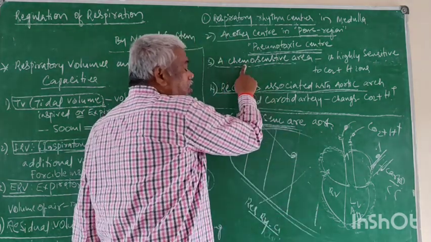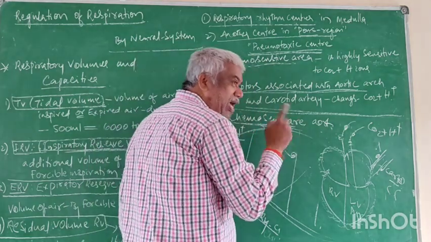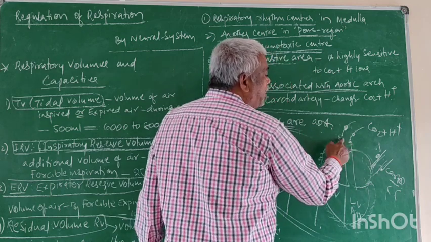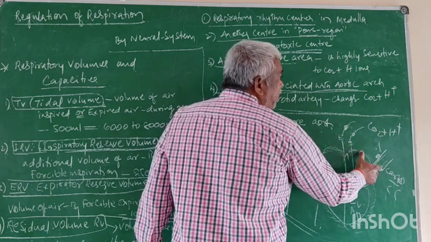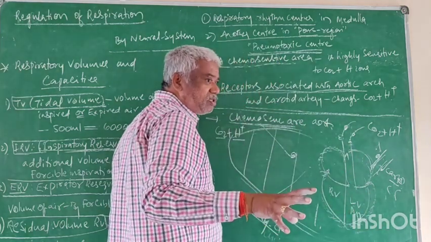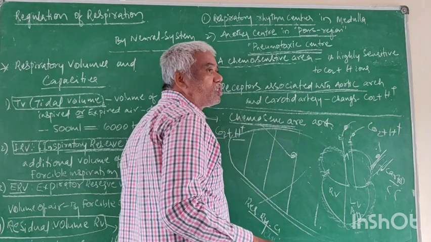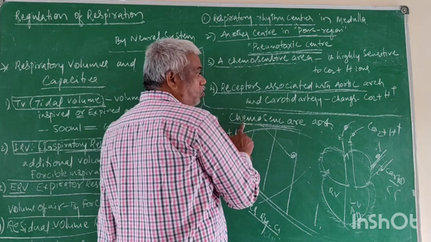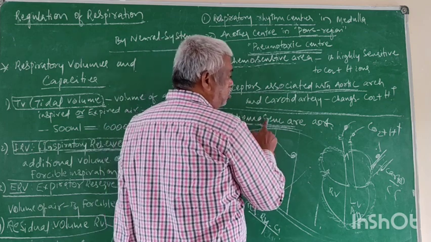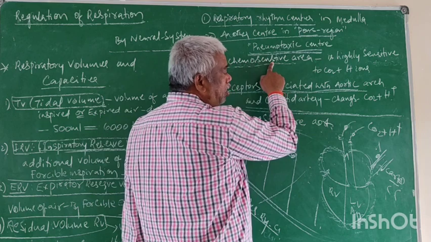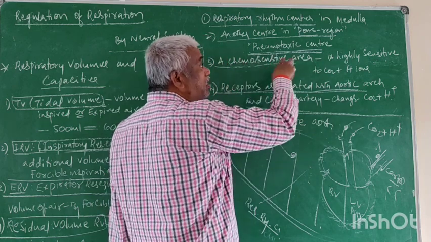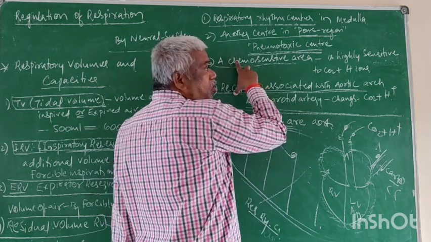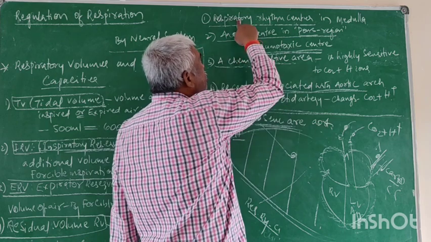The same function is also carried out by receptors present in two blood vessels, the aortic arch and the carotid. These specialized receptors detect the increase of carbon dioxide, and along with the chemosensitive area, these two detect carbon dioxide and hydrogen ions. Then they send signals to the respiratory system.